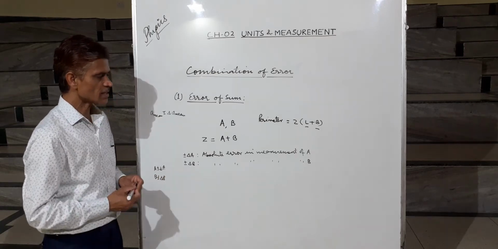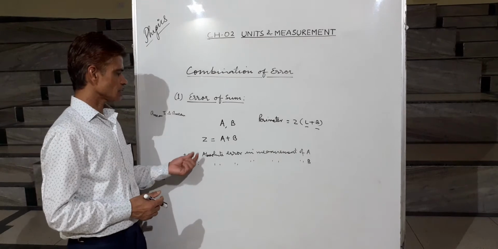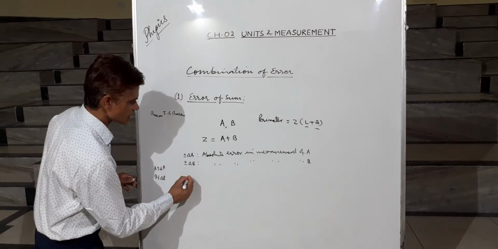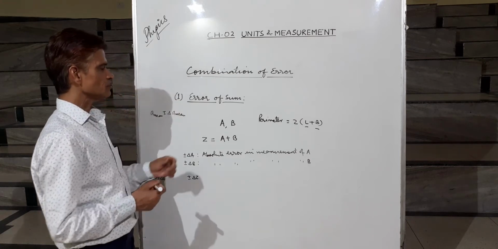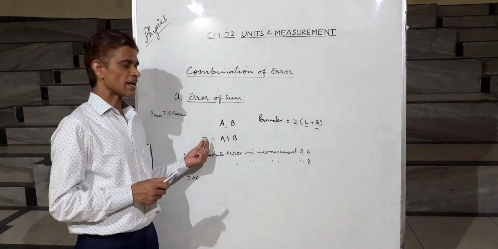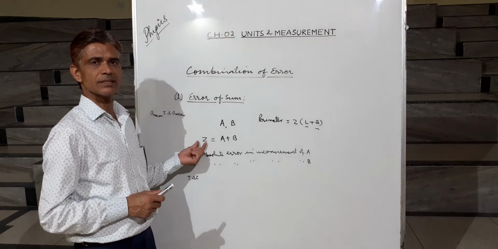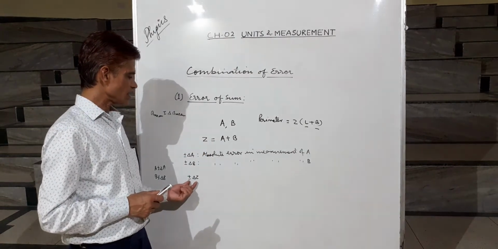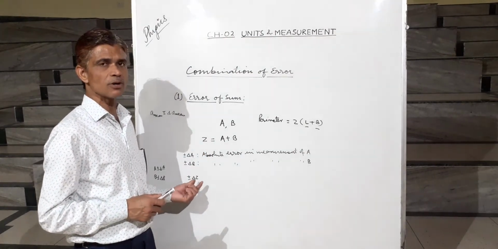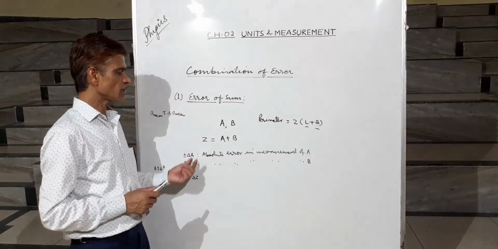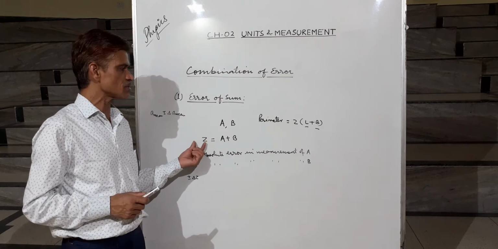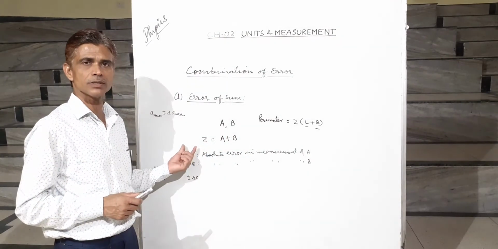Now suppose that plus minus delta Z is the error that exists in the measurement of Z. This error, plus minus delta Z, we have not measured directly. We have to find it out. What error will propagate in the measurement of this Z, that is perimeter, for example.